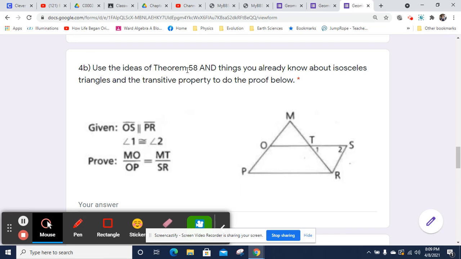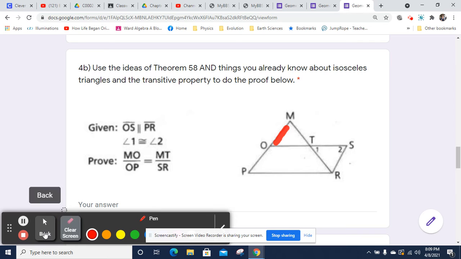Actually, we probably won't be using 58 as much as just the ideas of similar triangles here.